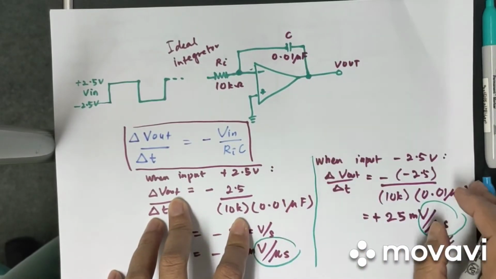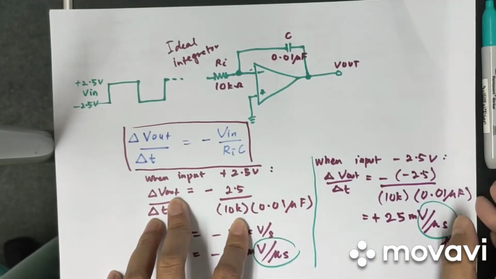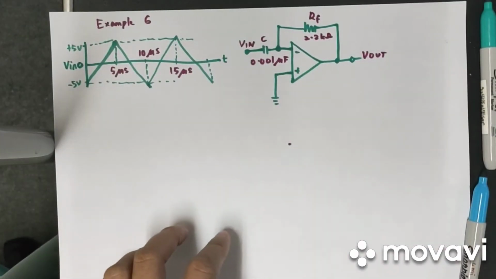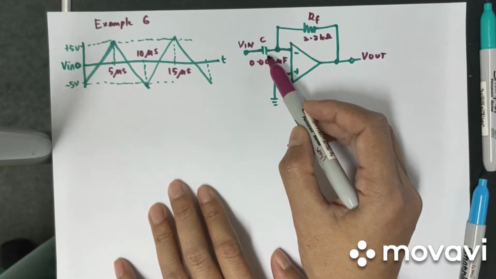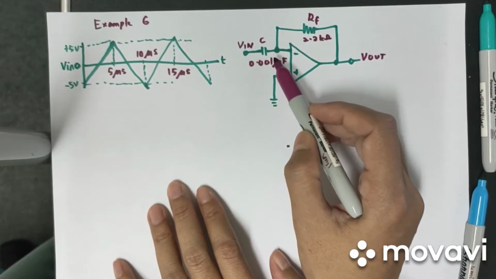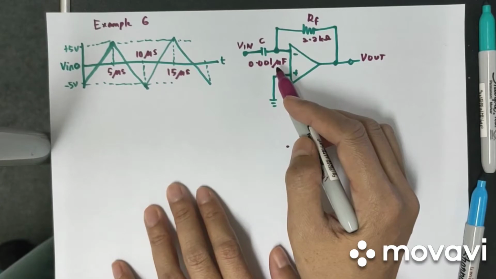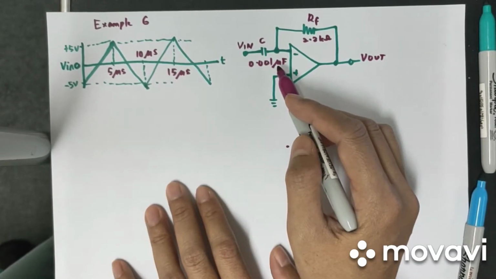Okay, this is integrator. This kind of connection is the differentiator, and in this question it is an ideal op-amp differentiator.